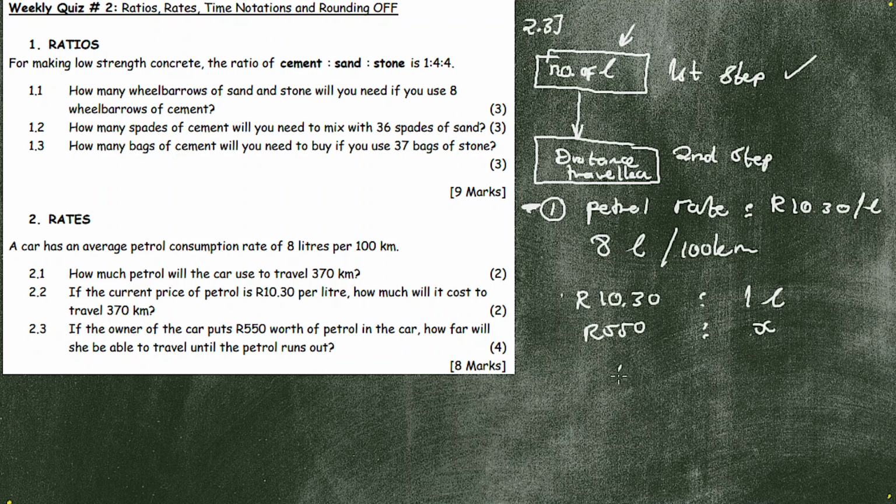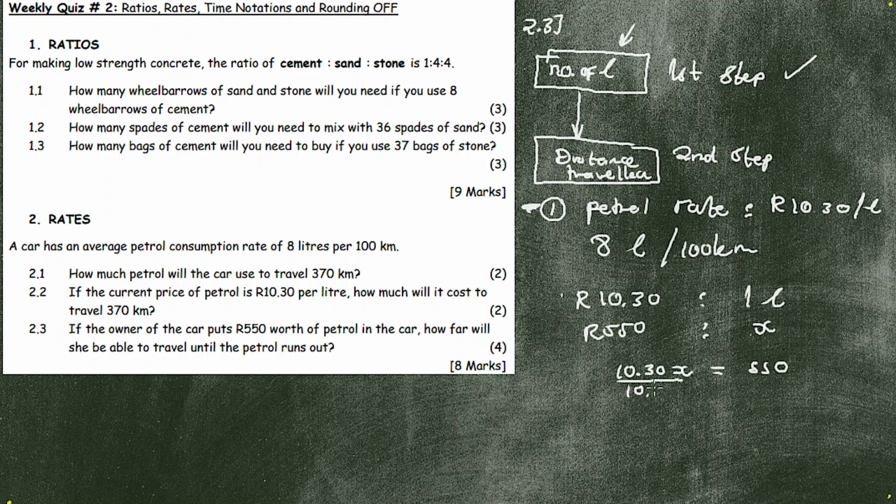We cross multiply. I get 10.30 x equal to 1 times 550. That's going to be 550.